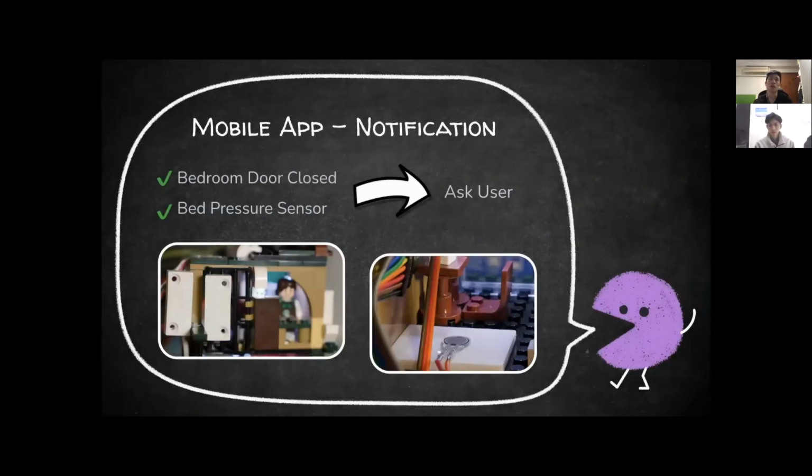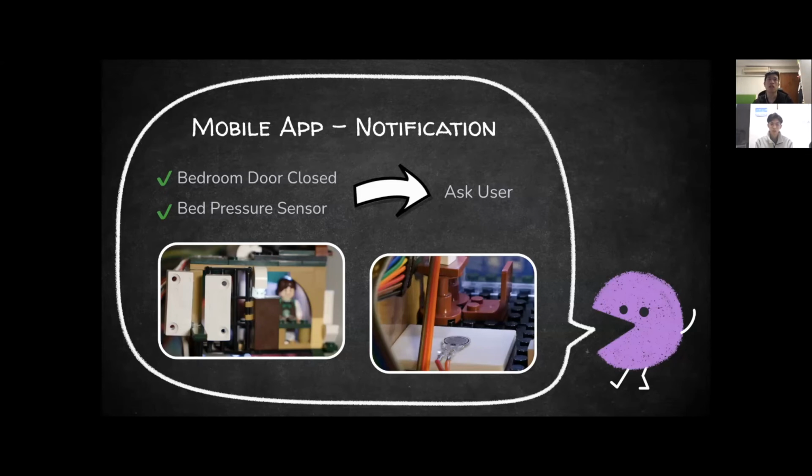When the bedroom door is closed and the bed pressure sensor detects pressure, we will issue a notification to ask the user whether they are going to sleep or not. If the user replies yes, then we will switch off all lights. If the user did not reply or replies no, then we will not take any action.